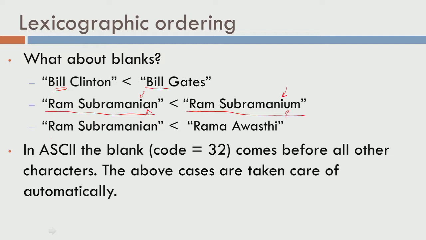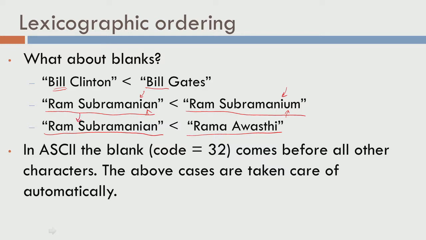And finally, if we look at this example, Ram space Subramanian versus Rama space Avasti. Ram space Subramanian is lexicographically earlier than Rama space Avasti. The reason is that the first three characters match, Ram and Ram.